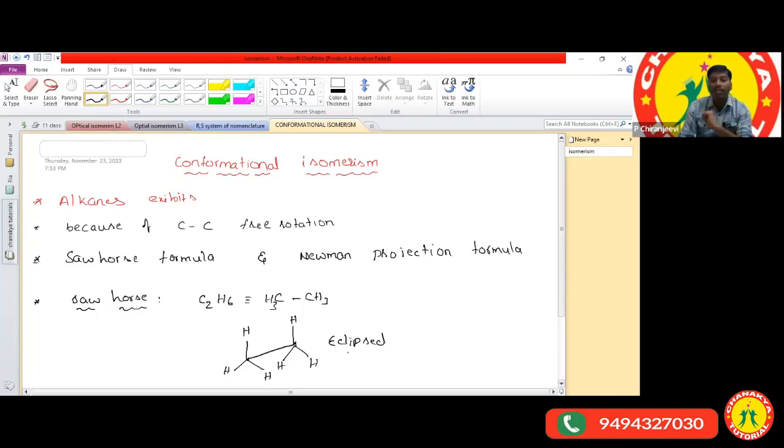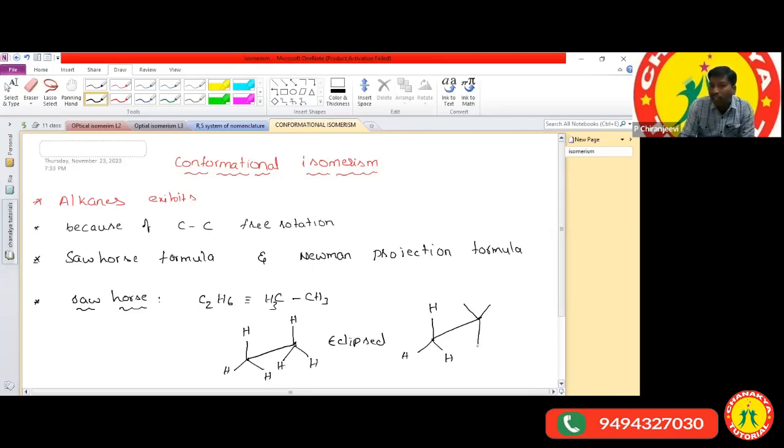So this we call an eclipsed form, and we can write one more. Here I'm keeping one carbon atom constant, the first one. The first carbon is attached with three hydrogens, H, H, H. This other one I'm rotating 180 degrees, and if I rotate 180 degrees you get this kind of structure.